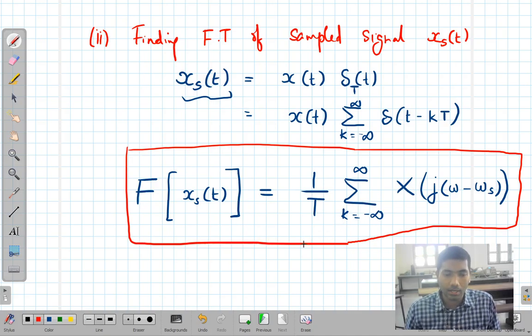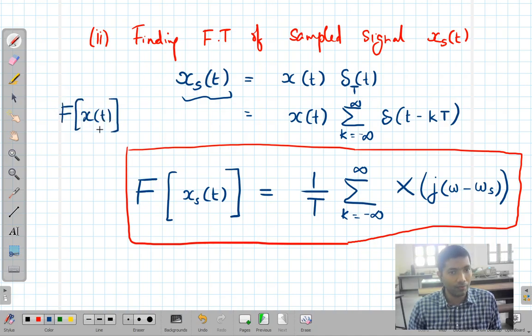First let's try to understand what this Fourier transform means. Remember that x of t is a band limited signal, with highest frequency component being omega m, and we have denoted its Fourier transform by X of j omega.